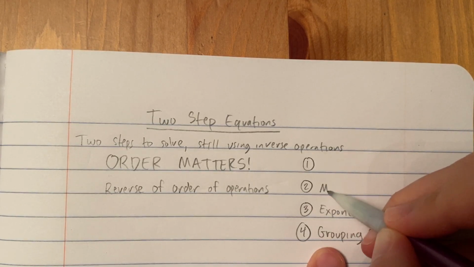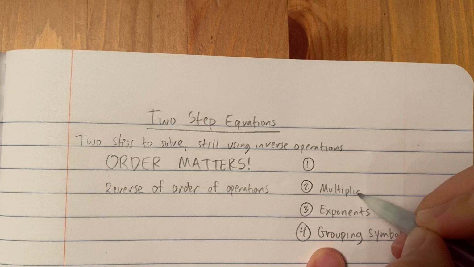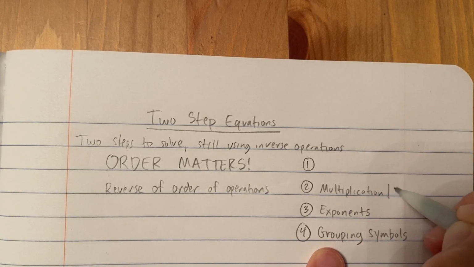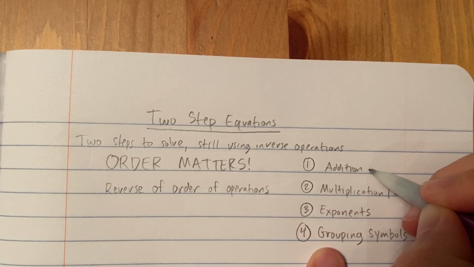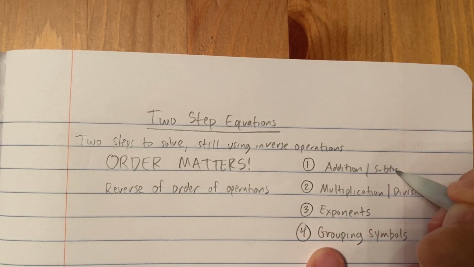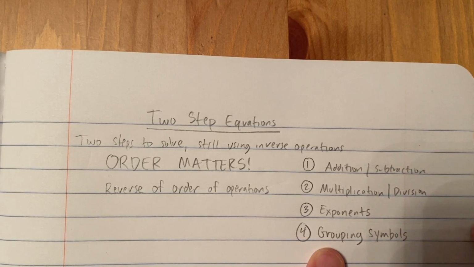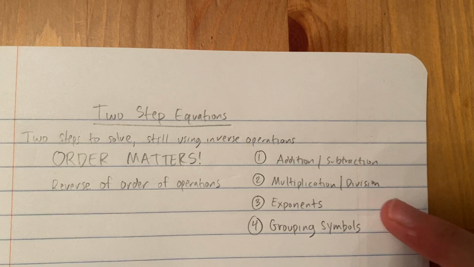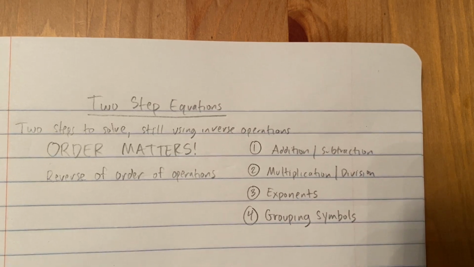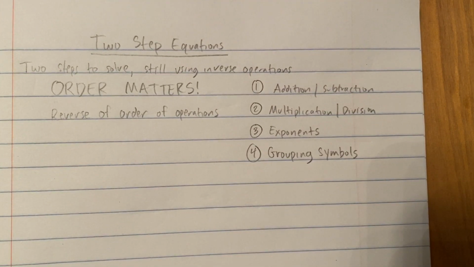Okay, multiplication and division. And notice I'm moving backwards here, right? I'm writing my order of operations, but I'm writing it backwards. I'm starting from the bottom. So what we see is that when we're solving equations, we actually do addition and subtraction first before anything. Then we do multiplication and division, then exponents, then grouping symbols. Okay, so we use the opposite of order of operations, right?